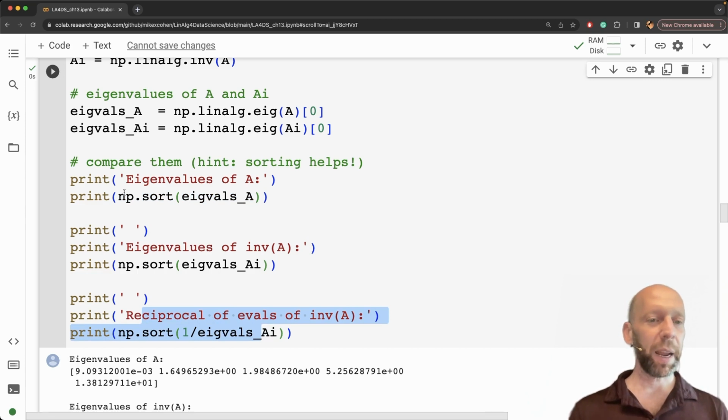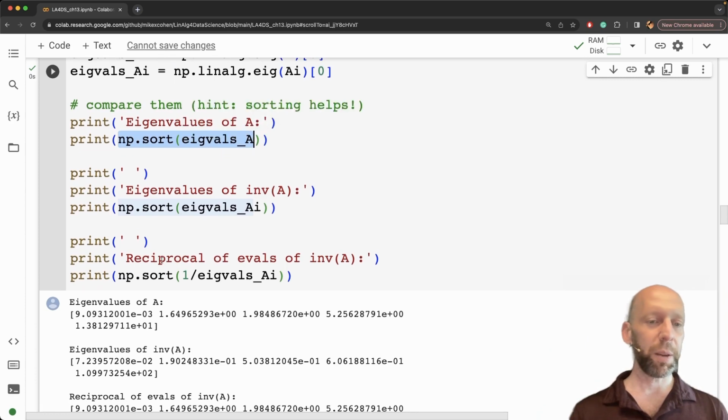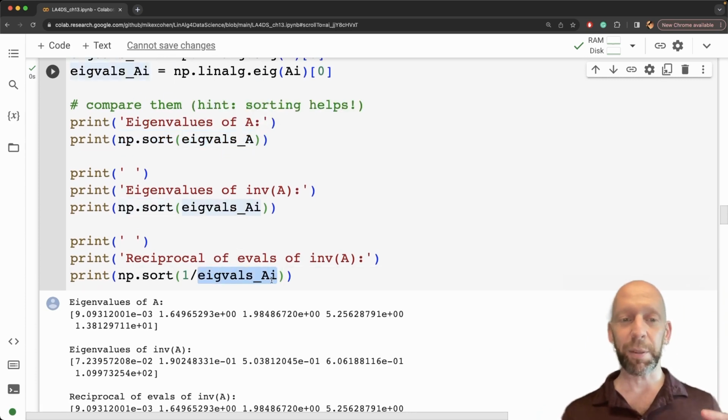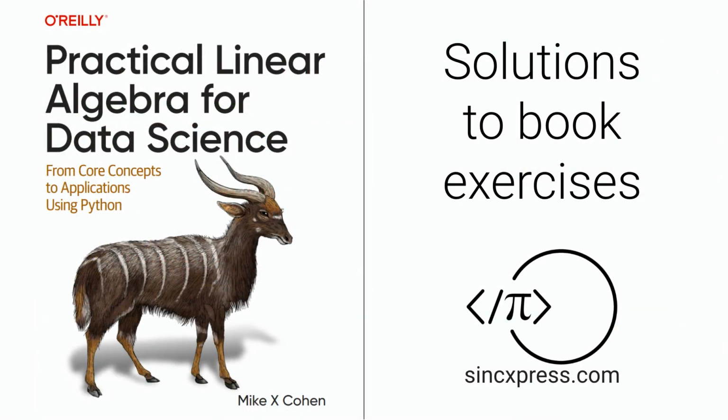So it's a good idea to sort the eigenvalues, and you will also need to sort the columns in the eigenvectors matrix according to the sorting for the eigenvalues of A, and for the eigenvalues of A inverse, the sorting of their reciprocals.